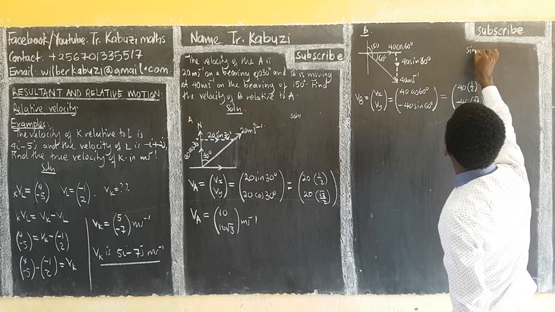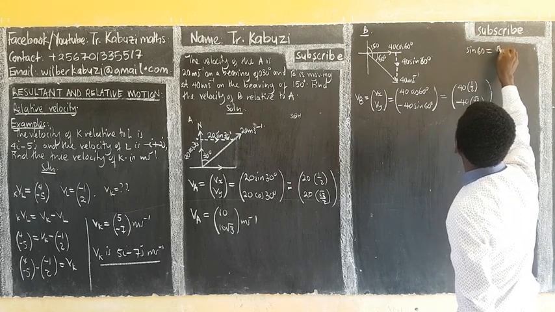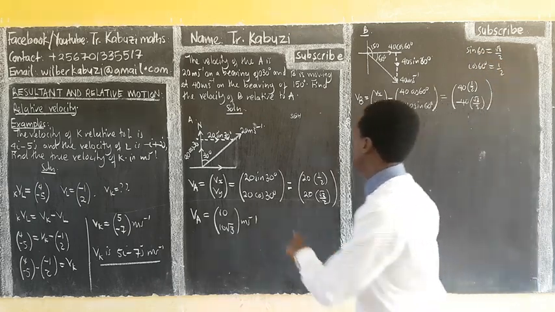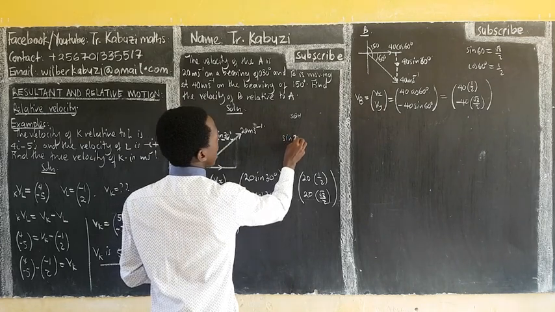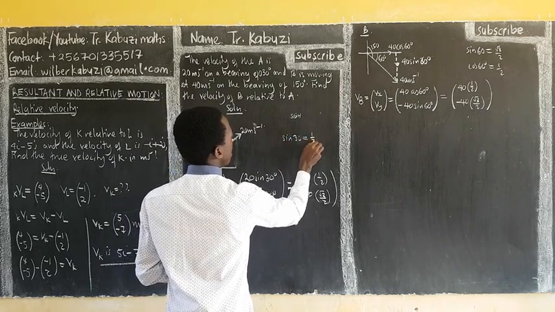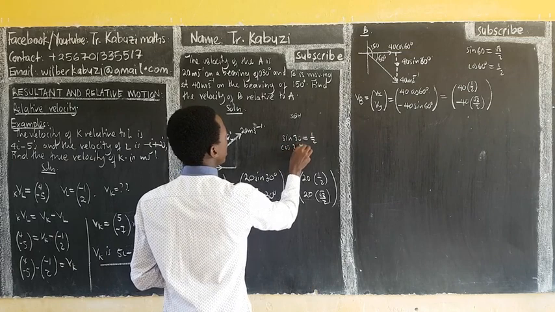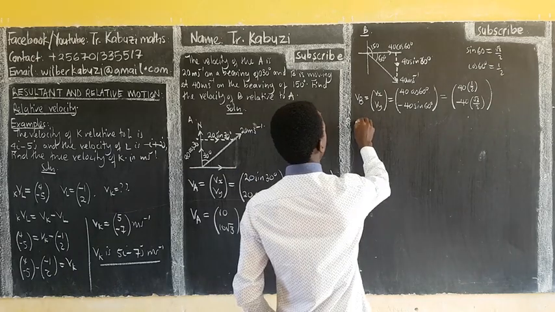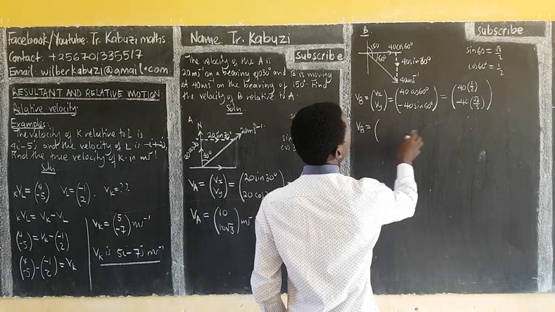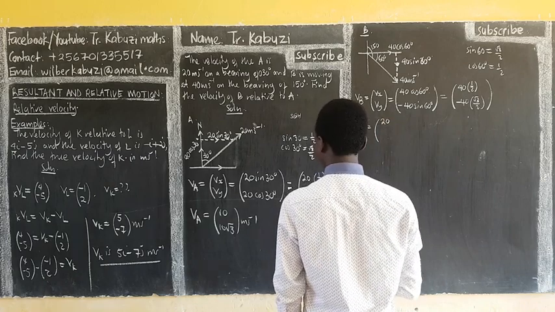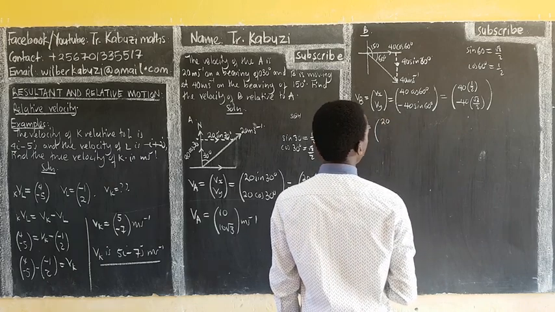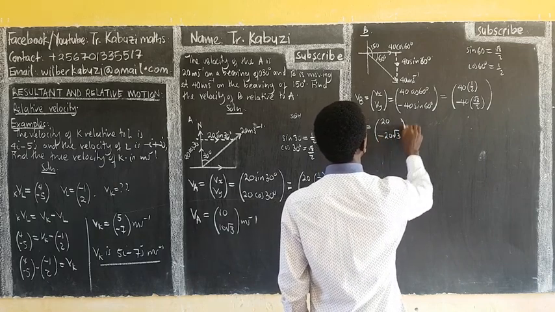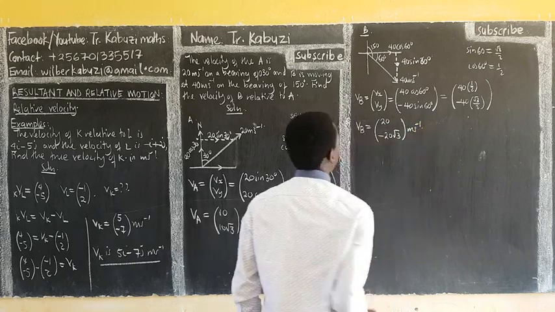Sine of 60 is root 3 over 2, cos of 60 is a half. Yet sine of 30 is a half, but cos of 30 is root 3 over 2. So my velocity of B is going to be 20, then minus 20 root 3 meters per second.